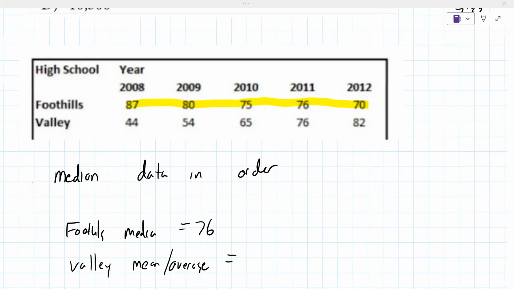No. Do you know how to calculate the average? Yeah. Then tell me how you calculate an average. What are the steps?